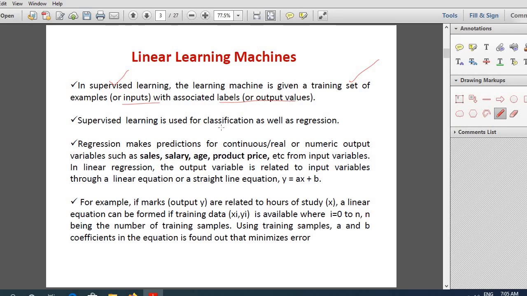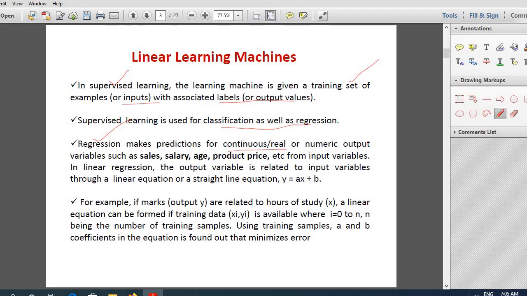Supervised learning is used for both classification and regression. Regression is done in order to predict some continuous or real variables like sales, salary, age, product price, etc. In order to predict the price of a product, you make use of regression.